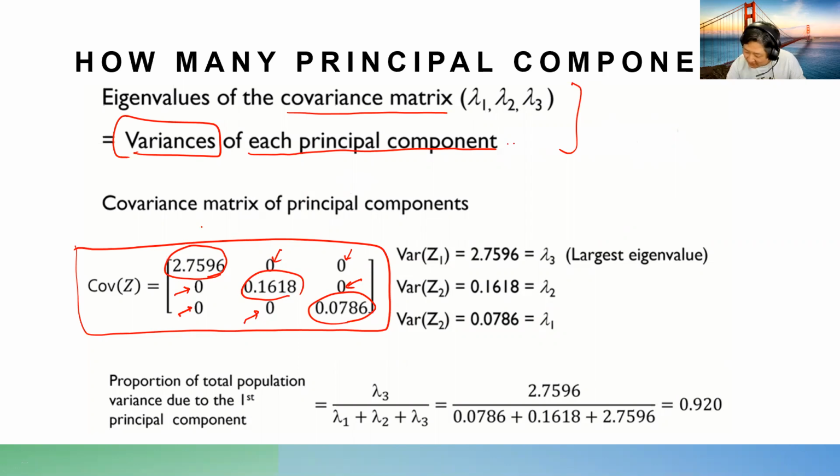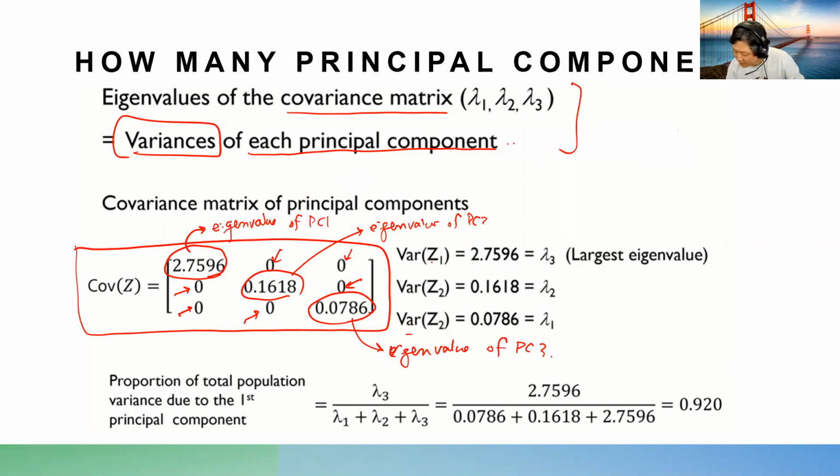So this is the eigenvalue of PC1. This is the eigenvalue of PC2. This is right here, the eigenvalue of PC3, right?